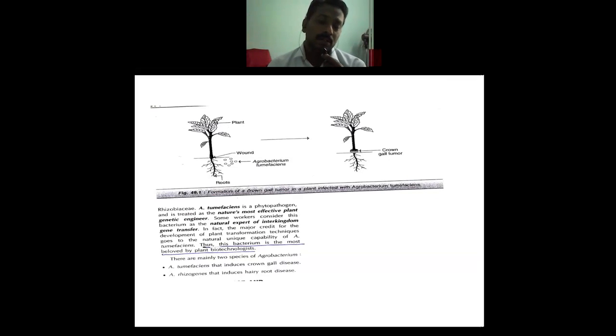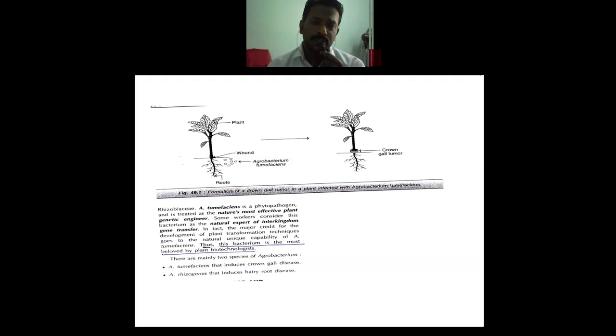Okay, look at the pictures. The Agrobacterium is usually present in the soil, and the plants secrete some chemical components. These chemical components attract the Agrobacterium.